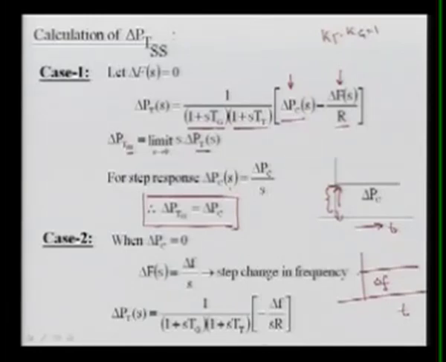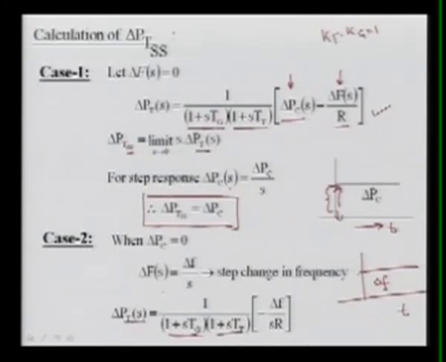So in this case, the change in the PCS is 0, and we can put it 0, and we can get the expression from here. From this expression we are getting change in the PTS will be 1 over R, the governing transfer function, your turbine transfer function, multiplied by change in F divided by S, where R is the regulation.